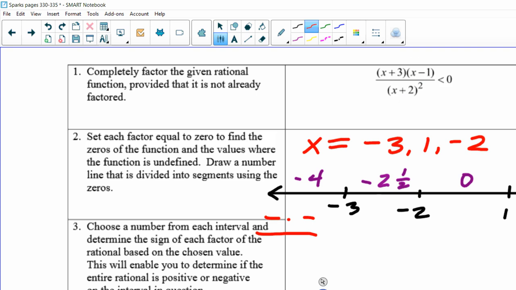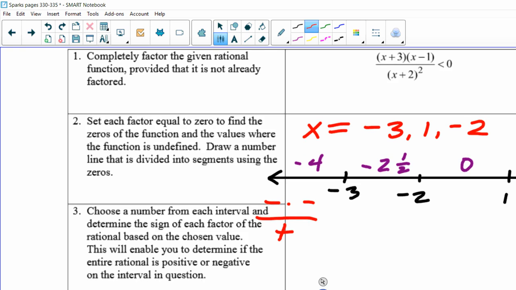Listen, look right there at that thing. Always positive, because squared, unless x is -2, which makes the fraction undefined. So this gives us a positive.